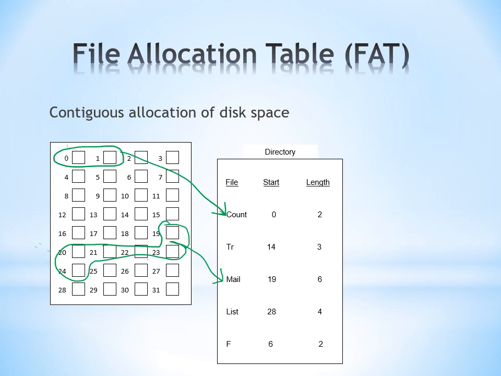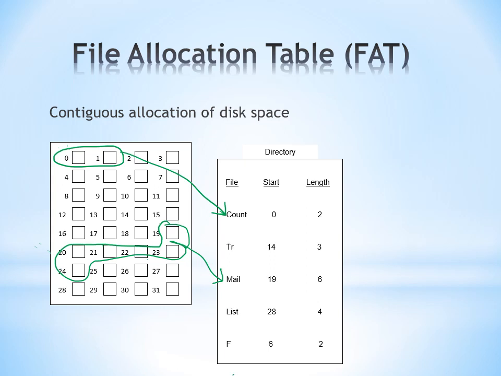Another example. We have block numbers 6. It's F5, and this F5 has a length of 2. This particular line I use a different color, a red one.